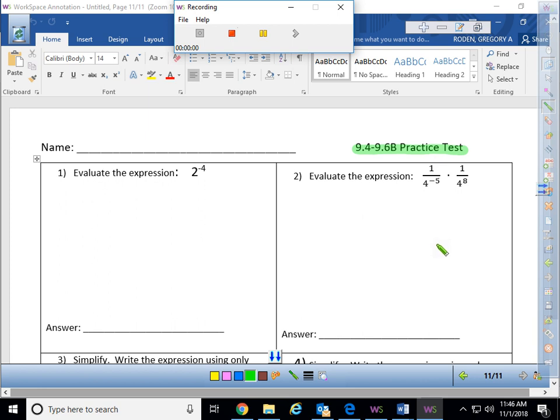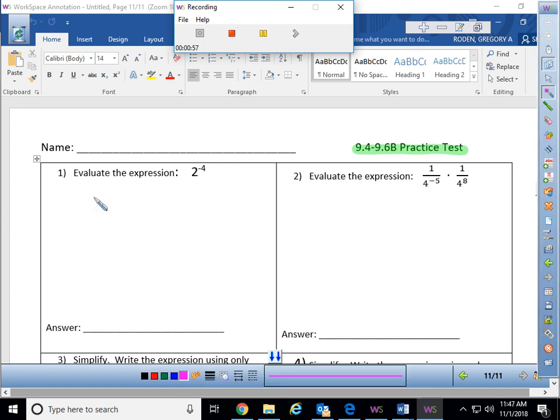So use these as a study guide and really try to understand what's going on in each problem. And if you don't, go and see your teacher before the test, because these tests are highly weighted and they affect your grade a ton. Alright, so let's get started.